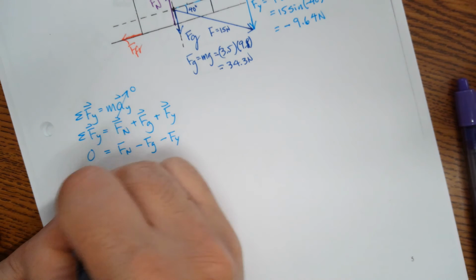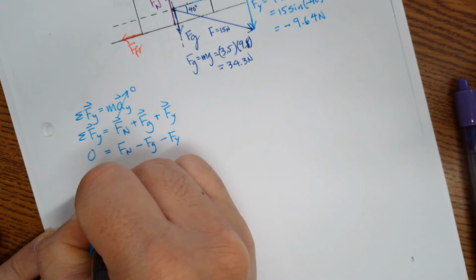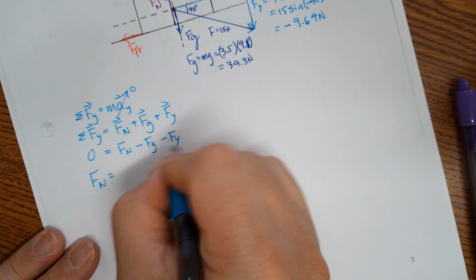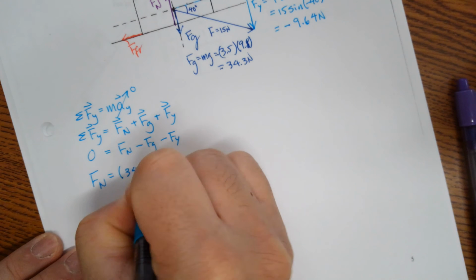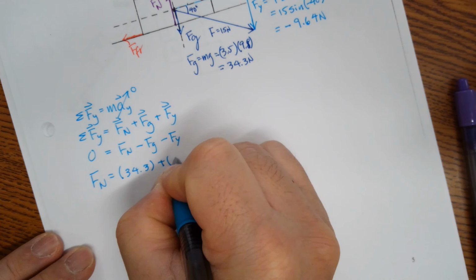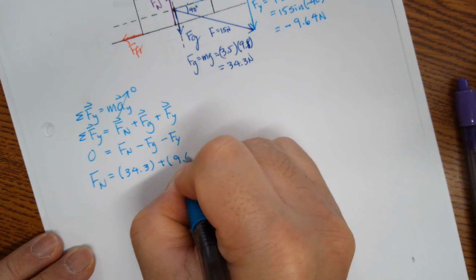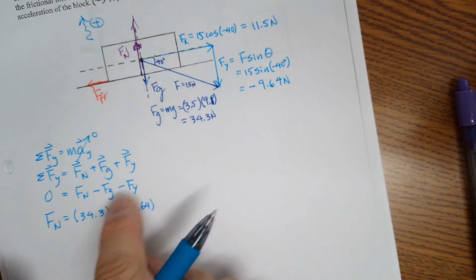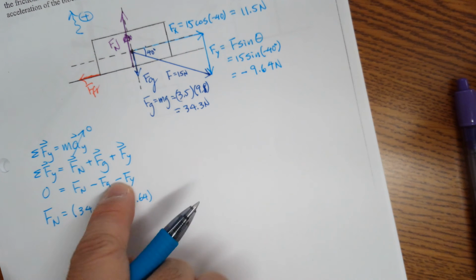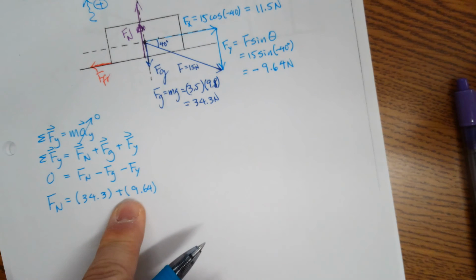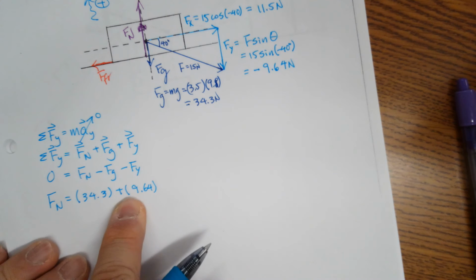So my F normal is equal to Fg plus Fy, which is 34.3 plus 9.64. I already gave direction here, I know. So don't put the negative back into this negative so that it becomes positive, okay?